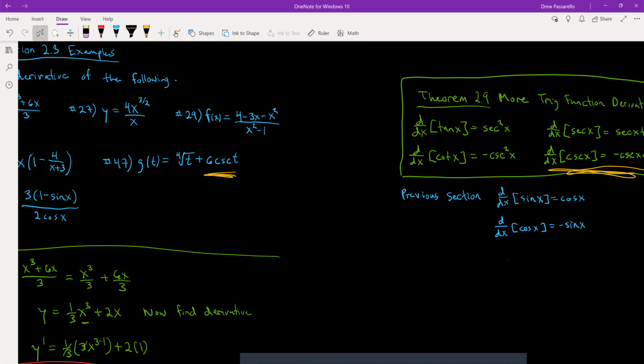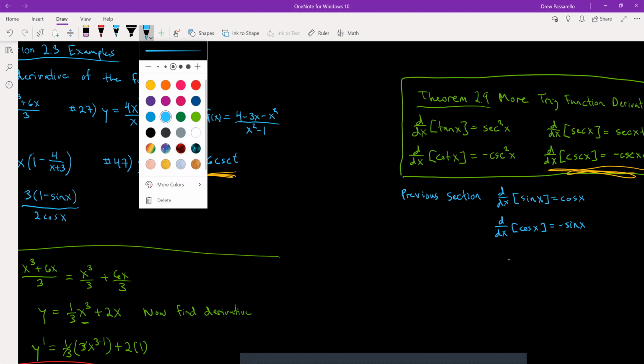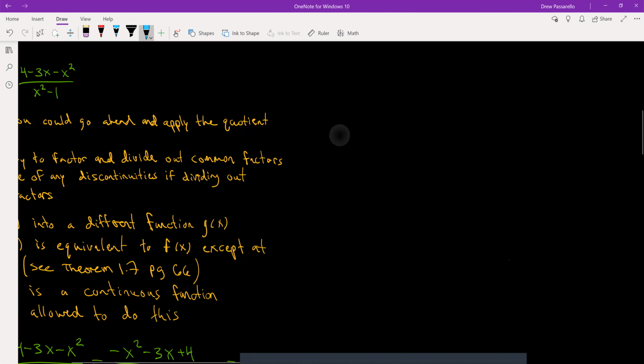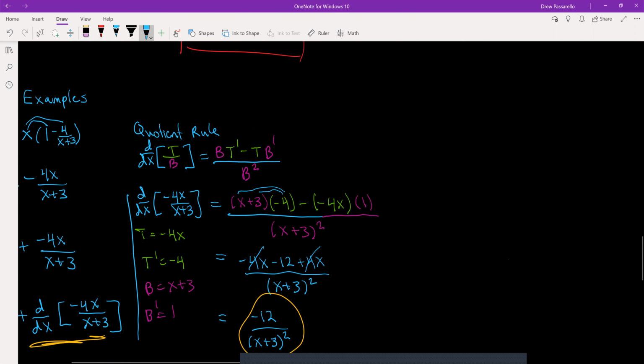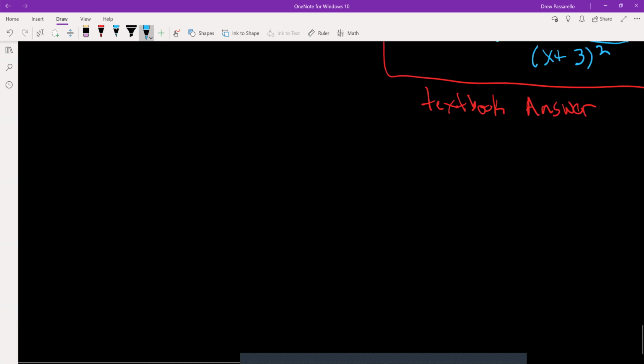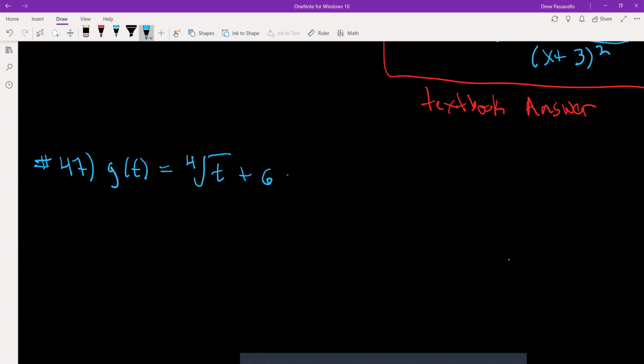All right, so I'm going to work the problem out and apply that derivative rule. All right, so I want to apply the power rule for the fourth root of t.